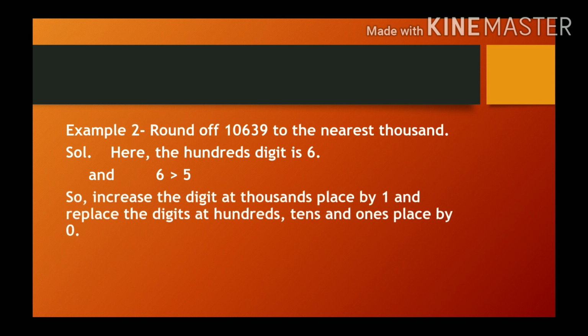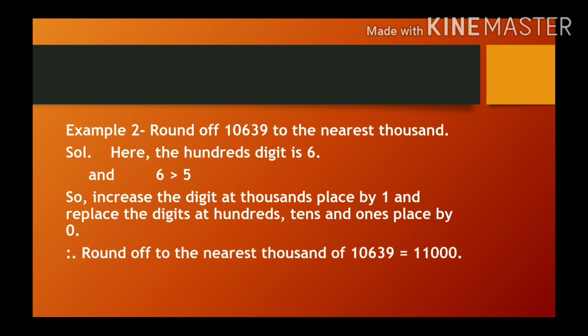So increase the digit at thousands place by 1 and replace the digits at hundreds, tens and ones place by 0. Therefore, round off to the nearest thousand of 10,639 is equal to 11,000.